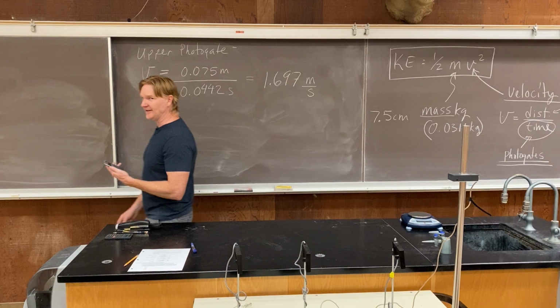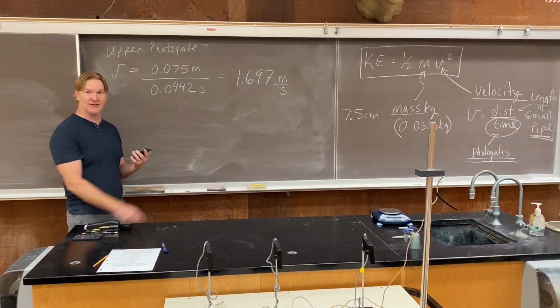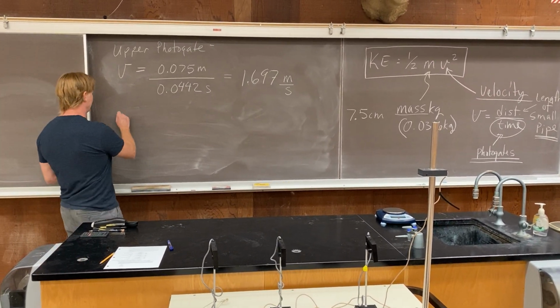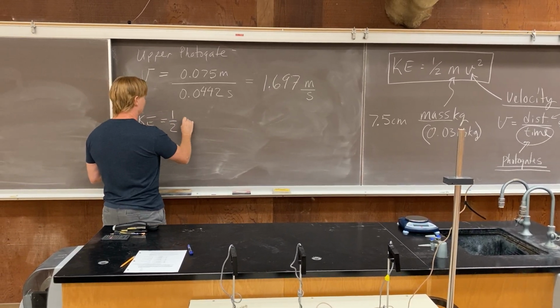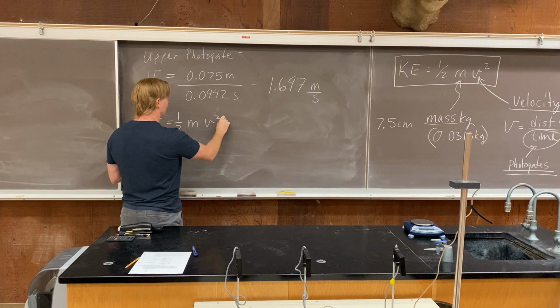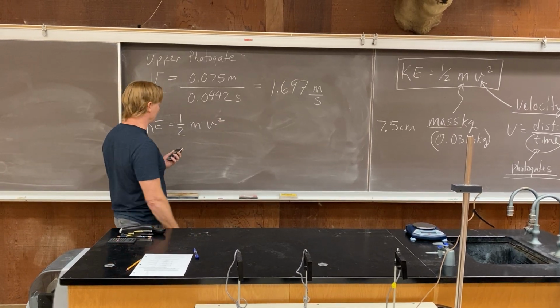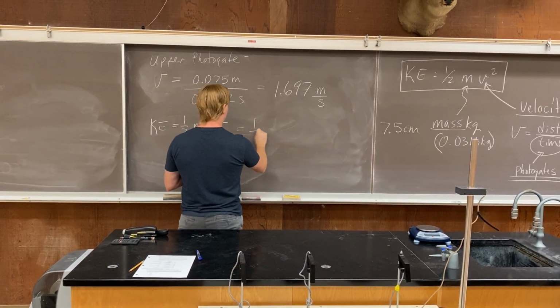So now all we have to do is plug this into the kinetic energy formula, right? So it's gonna be kinetic energy equals 1/2 times the mass times the velocity squared. So how do we do this? 1/2.